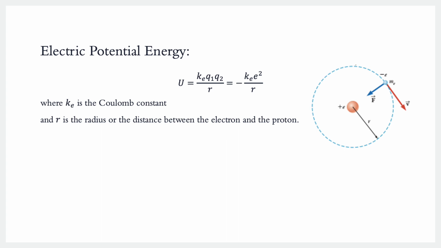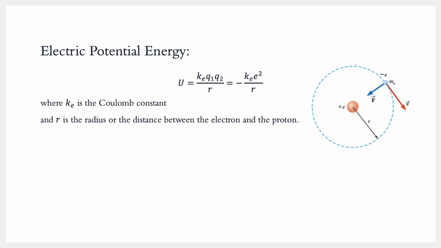So, the change in electrostatic potential energy of a point charge that has moved from the reference position to position R in the presence of an electric field is the work done by the electrostatic force to bring it from the reference position to that position R.